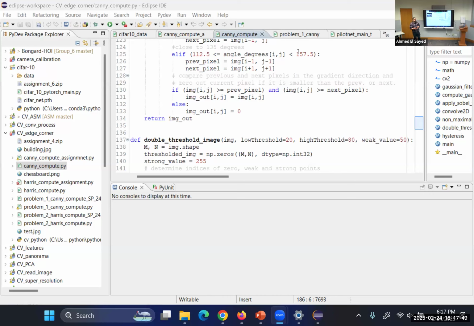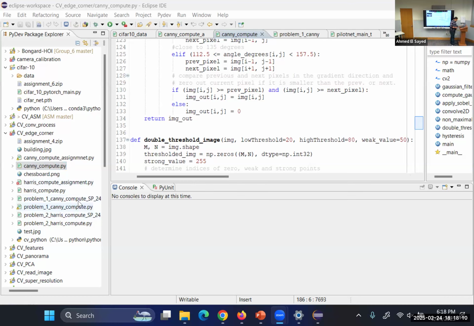So our goal is to find the edges and the corners ourselves in code from scratch. Okay? So how can we do that?